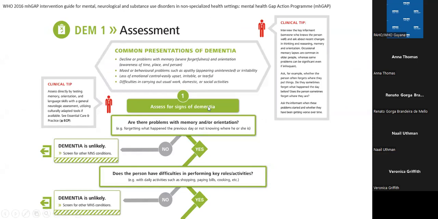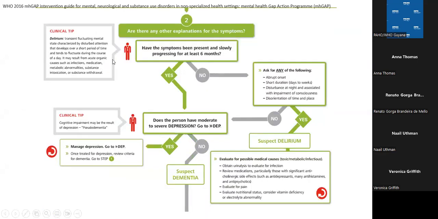Assess for signs of dementia. Are there problems with memory and orientation, as I told you before? If yes, does the person have difficulties in performing key roles, activities of daily living? If yes, are there any other explanations for the symptoms?